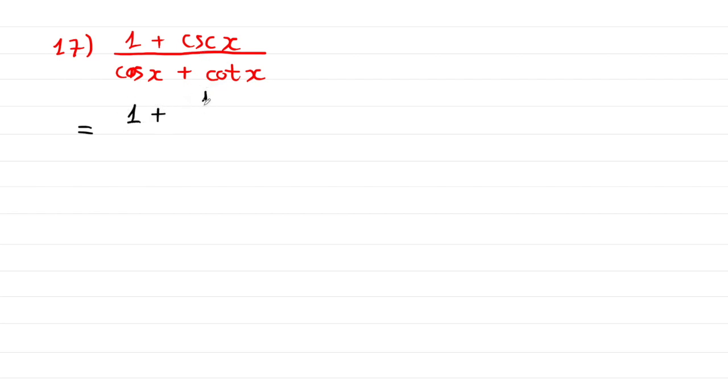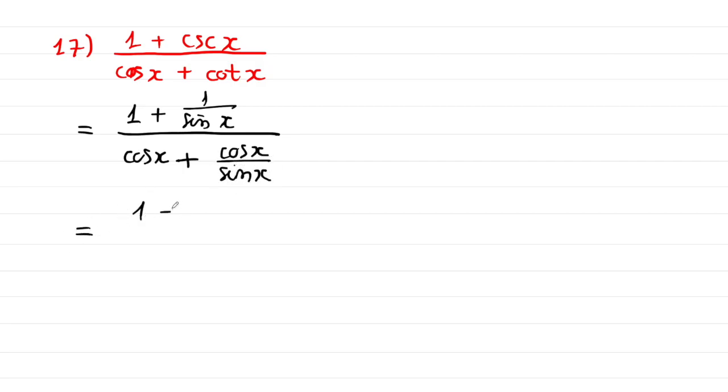Rewrite cos x, you have 1 over sine x. And you got cos here, plus cotangent, you got cos divided by sine. And I can see the common denominator like this. Apply factorizing. For the denominator, you can take the common factor cos x outside.